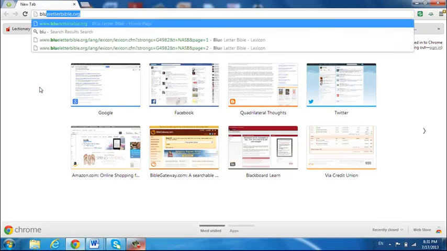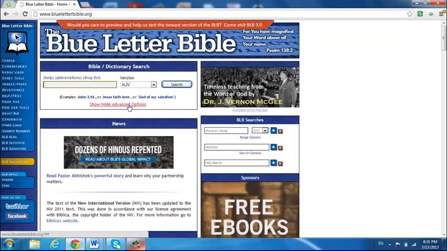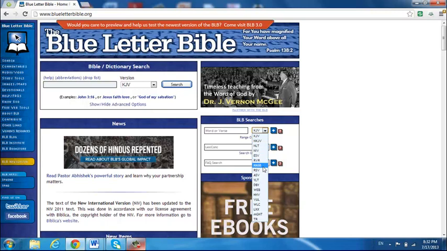So for example, I want to start by going to blueletterbible.org. Now Blue Letter Bible is oriented in its default around the King James Version, and some people will want to use that. Of course, the Greek and the Hebrew behind the King James represents where manuscripts were in the 1500s.